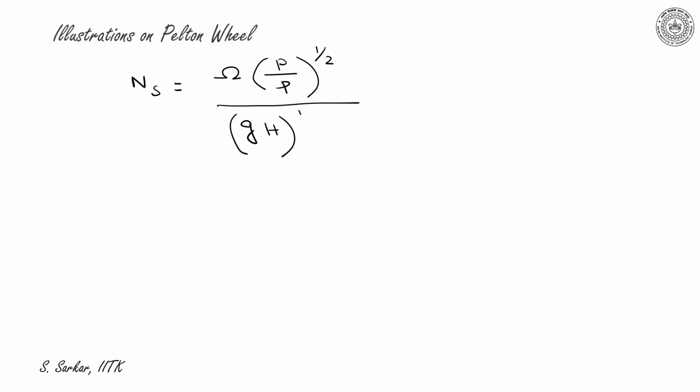The dimensionless power specific speed can be expressed as Ns is equal to omega, where omega is the wheel rotational speed in radian per second, into power by rho to the power half, divided by gH to the power 5 by 4.